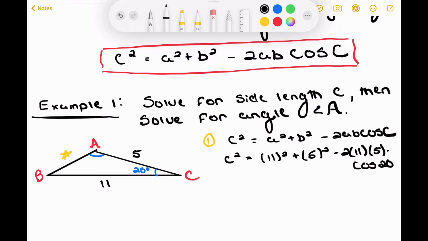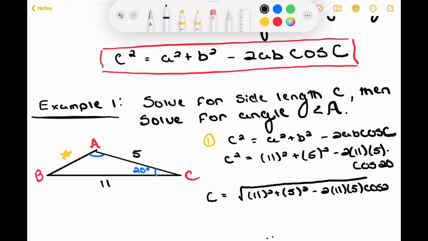Now to isolate c, we just have to square root everything on both sides to give an individual c. So c is equal to the square root of 11 squared plus 5 squared minus 2 times 11 times 5 times cos 20.